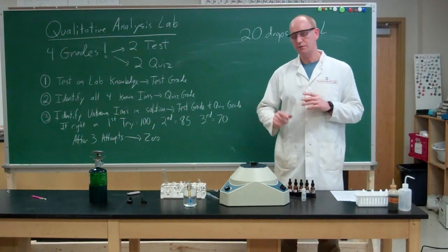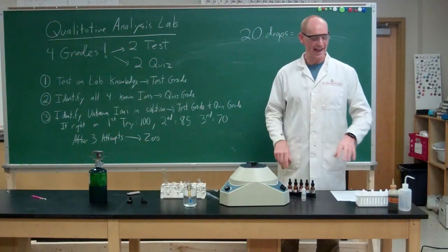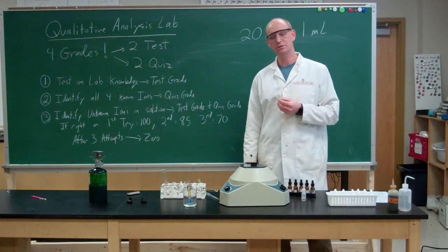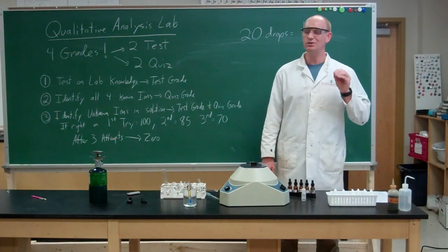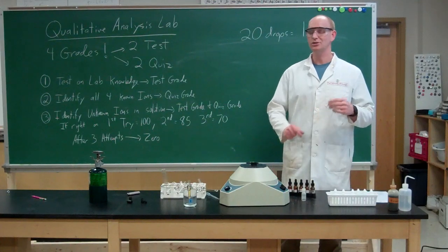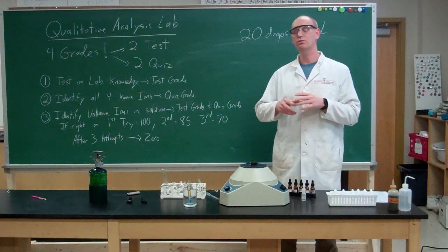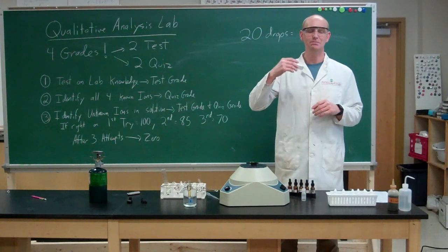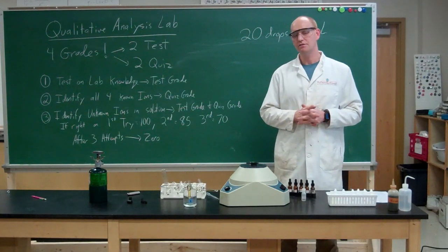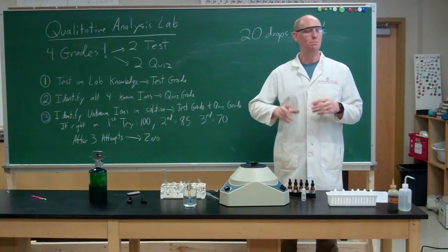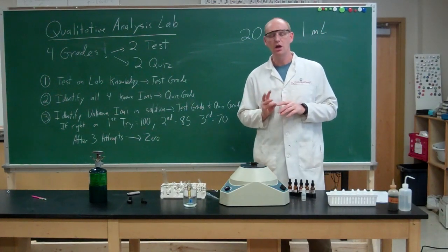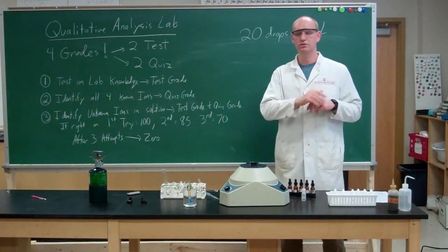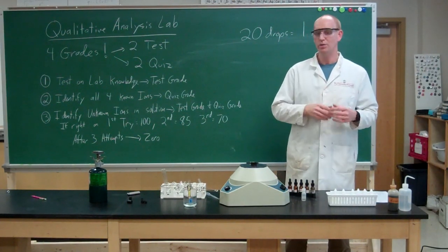So if you accidentally add one of these things that you're not supposed to to your aluminum solution, it may change color even if you don't have aluminum. So it has to be a certain pH, and you have to have the aluminum for it to work right. If you add the pyrocatechol violet to the aluminum, it should turn a nice deep blue. But if you have way too much base in there, it'll also turn a bluish color. So you have to make sure that you follow the procedure and add enough acetic acid when it tells you to, so the pH is correct when you do the test.